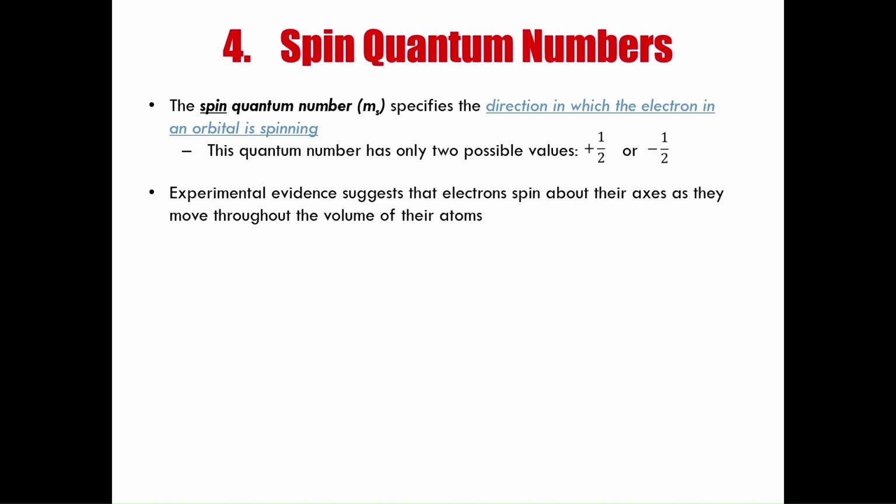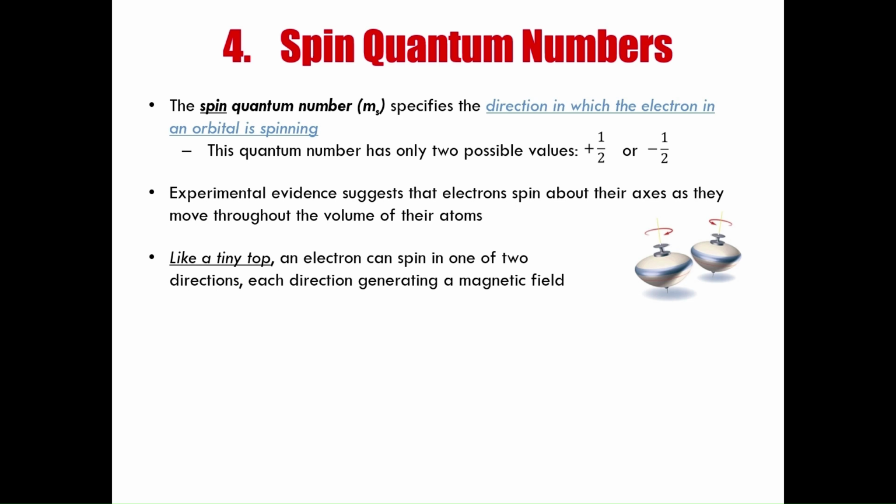Experimental evidence has shown that electrons spin about their axis as they travel through their orbitals around an atom. This is analogous to how planets spin as they orbit around the sun. Like a tiny top, an electron can spin in one of two directions, each direction generating a magnetic field.